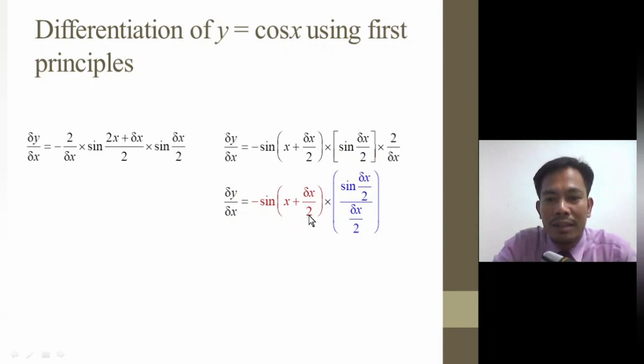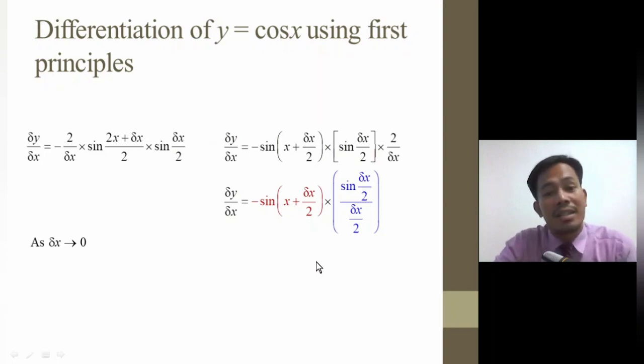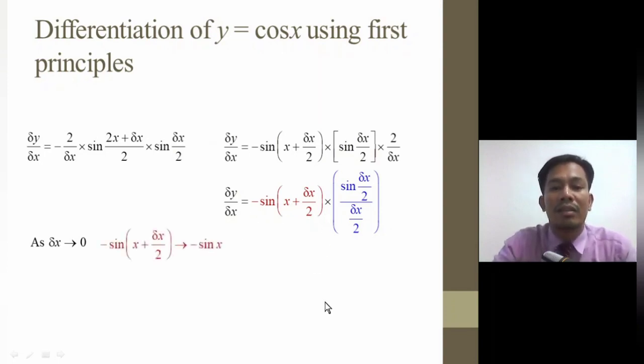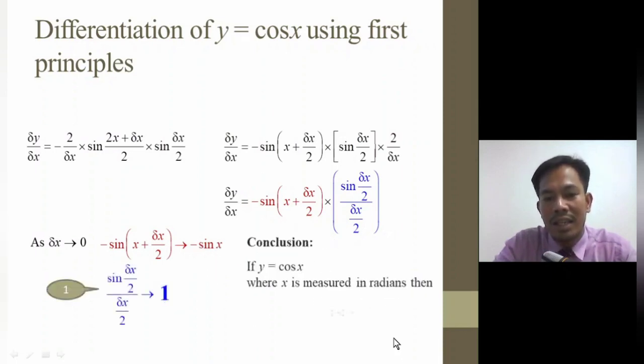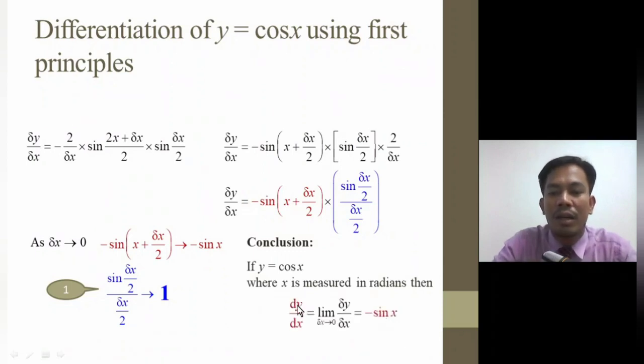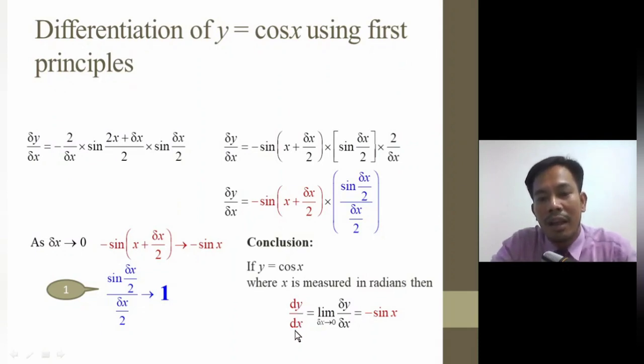And in this part, since increment of x approaches 0, 0 divided by 2 plus x is just x. So dy over dx will be negative sine x, because 1 times negative sine x is negative sine x. So the derivative of y in terms of x, if y is equal to cosine x, is negative sine x.